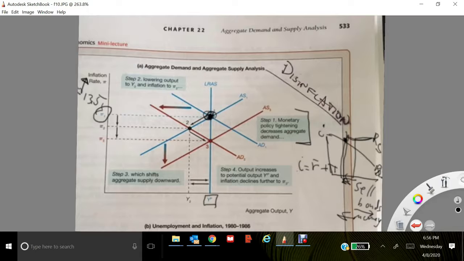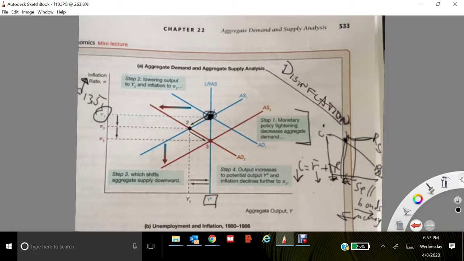As you reduce the nominal rate, for any given expected rate of inflation, that causes the real rate to fall.